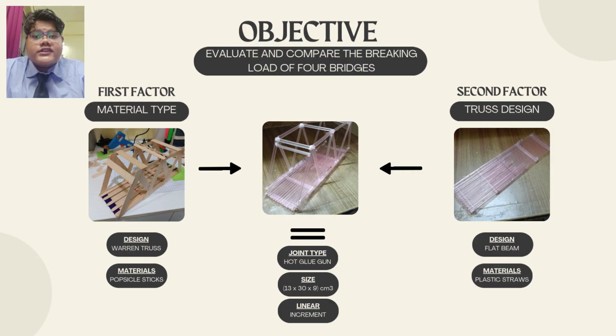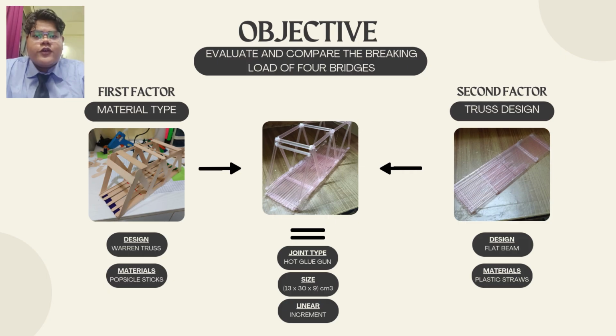The main objective of this experiment is to evaluate and compare the breaking load of 4 different bridge models. 2 factors were investigated. The first factor is material type, which consists of plastic straws and popsicle sticks. The second factor is bridge design, which consists of a flat beam design and a Warren truss design.